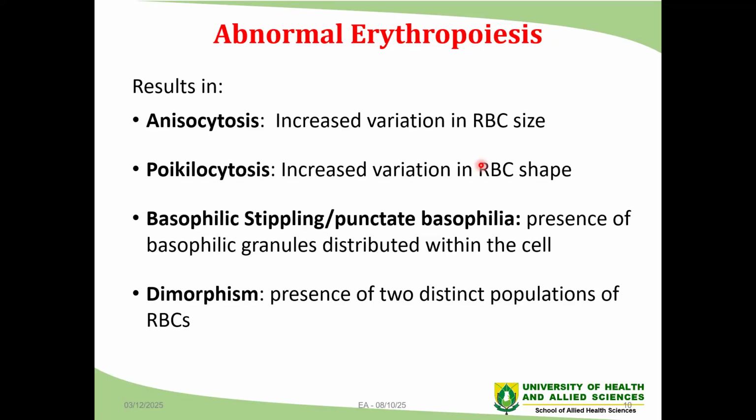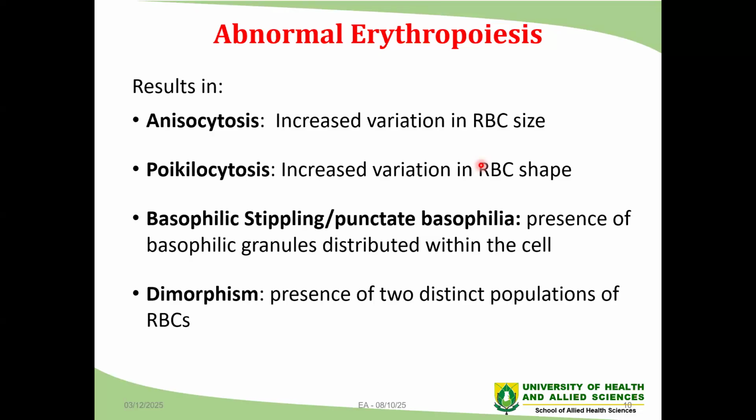Another thing too is what we call punctate basophilia or basophilic stippling, in which within the red cell space, you find some granules which stain basophilic or bluish. We know that within the red cell cytoplasm, you expect hemoglobin among other proteins, but not any other foreign body. But in this case, you may find these basophilic granules within the red cell.